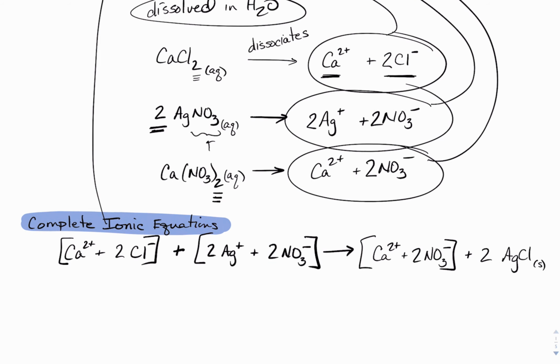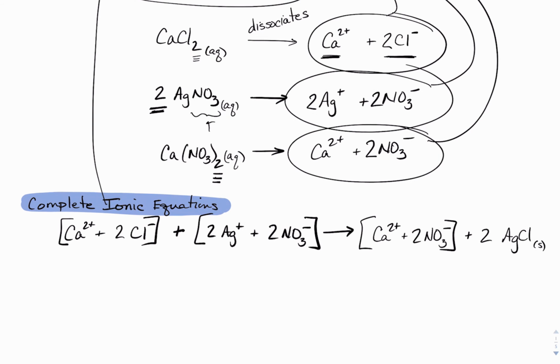Like, how do we produce our products, especially if ions are just floating around in water? So it turns out that once we have written the complete ionic equation, we can pull things out of the equation that really did not contribute to the reaction at all. And we call these particular things spectator ions.